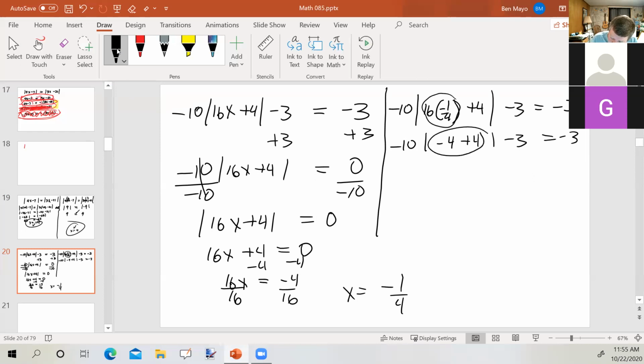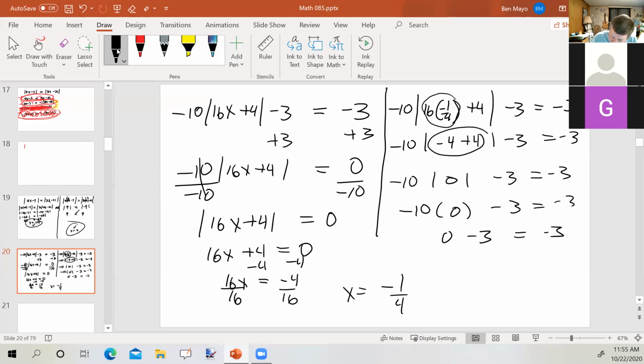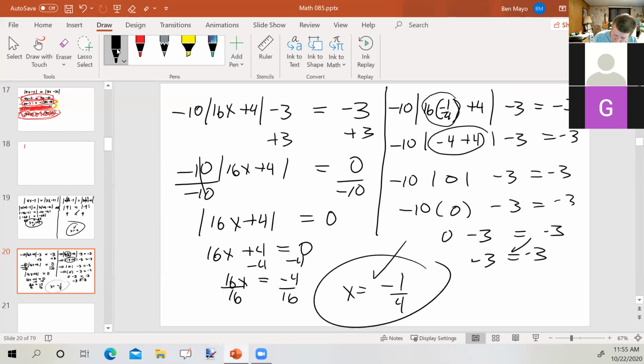What's negative 4 plus 4? 0. What's the absolute value of 0? 0. What's negative 10 times 0? 0. What's 0 minus 3? Negative 3. And negative 3 equals negative 3. So it checks.